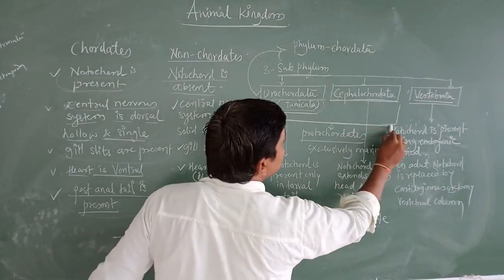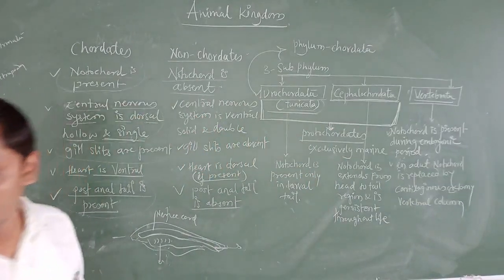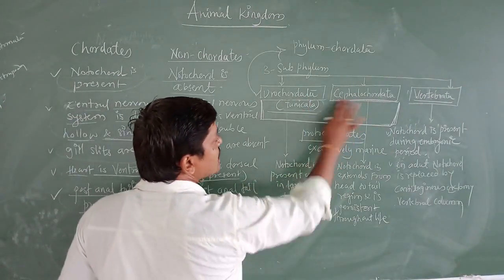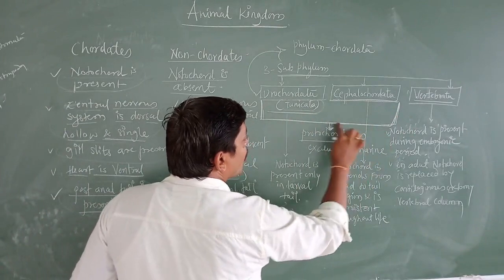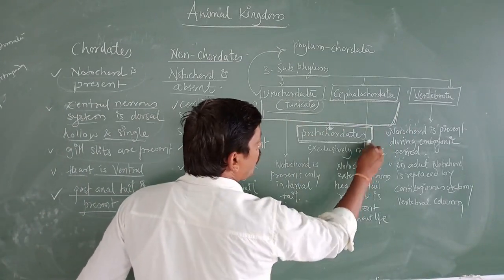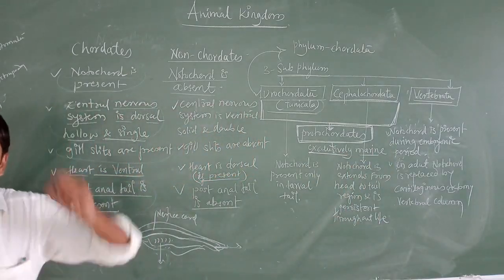Urochordata and Cephalochordata both are often referred to as protochordates. And these protochordates are exclusively marine. What is meant by exclusively marine?